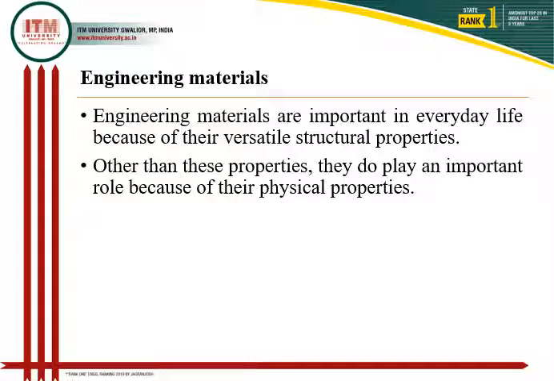The materials that we use for various purposes, maybe natural, maybe man-made, from construction, from health, from development of various devices, from agriculture, and for automobiles. We are using many different types of materials. They are called engineering materials.